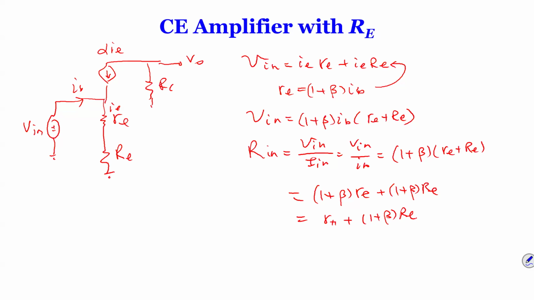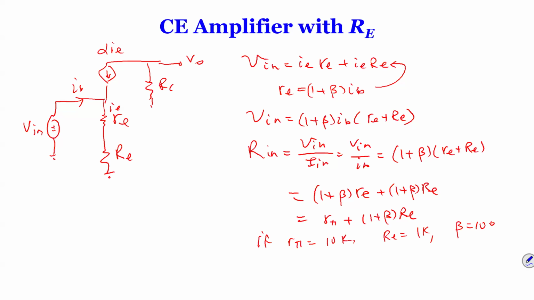Now remember, this number is usually big, like RE maybe in the kilo ohms, and your 1 plus beta is 100. So you immediately increase your input resistance. Say R pi is 10K, RE is 1K, and beta is 100.